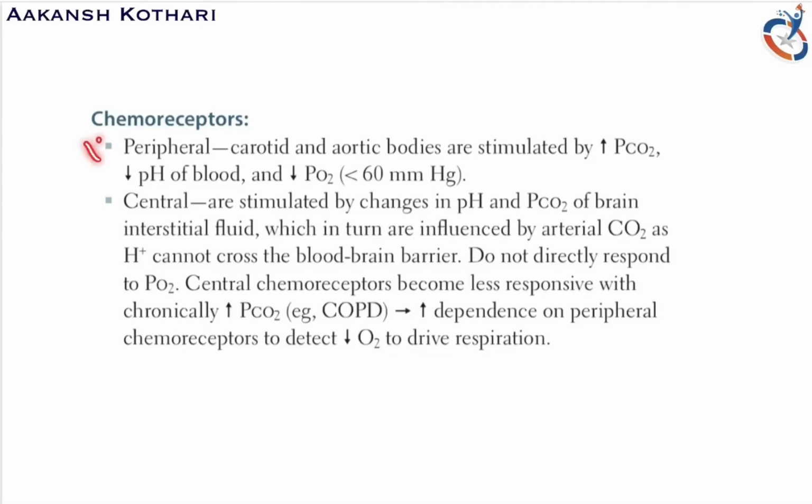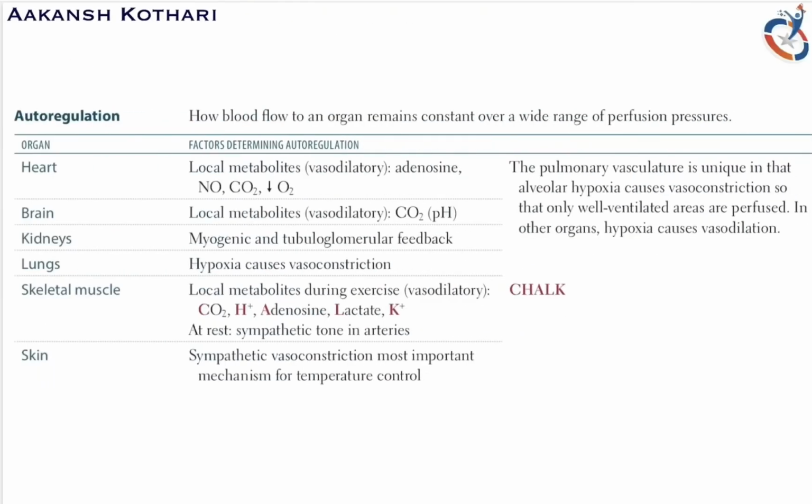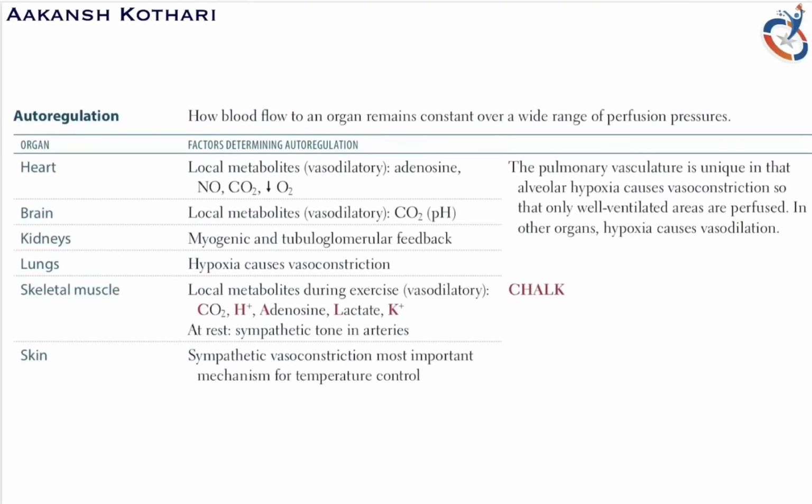So peripheral chemoreceptors are very important as they sense all the three, that is increase in the PCO2, decrease in the pH, and decrease in the PO2. Am I clear? Now let us talk about the last section, that is autoregulation of different organs.